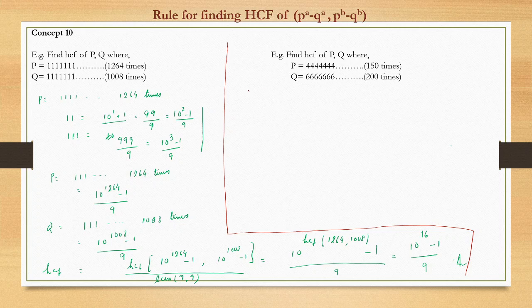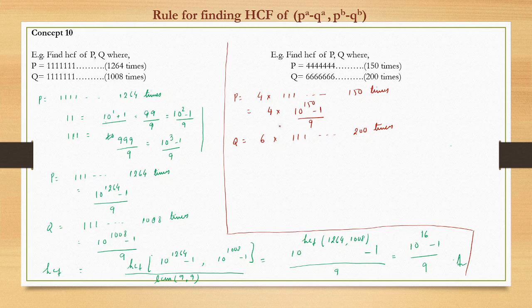Now we'll see this question. Here P is nothing but 4 into 1 repeated 150 times, which we can write as 4 into 10 raised to power 150 minus 1 by 9, right? And Q is 6 into 1 repeated 200 times.